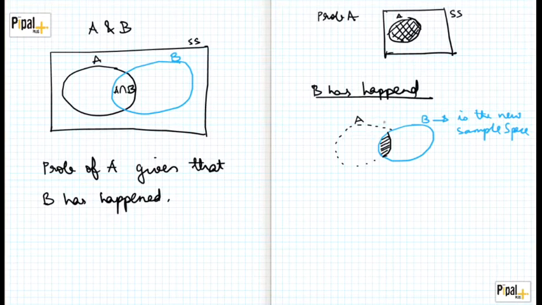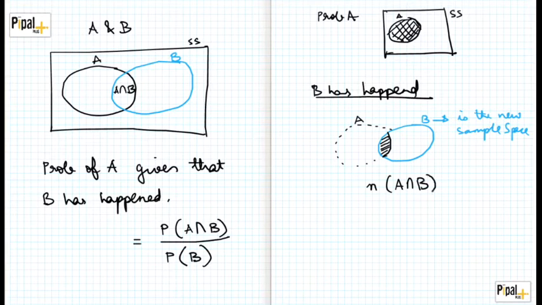So using this, let's come back. The probability of A given that B has already happened will be equal to the probability of A and B happening divided by the probability of B. Now I have used probability instead of the number of elements in A intersection B and the number of elements in B. Actually from here, the probability of A happening given that B has already happened is the number of elements in A and B divided by the number of elements in B. Now when I divide both of these by the number of elements in the sample space, I get this.